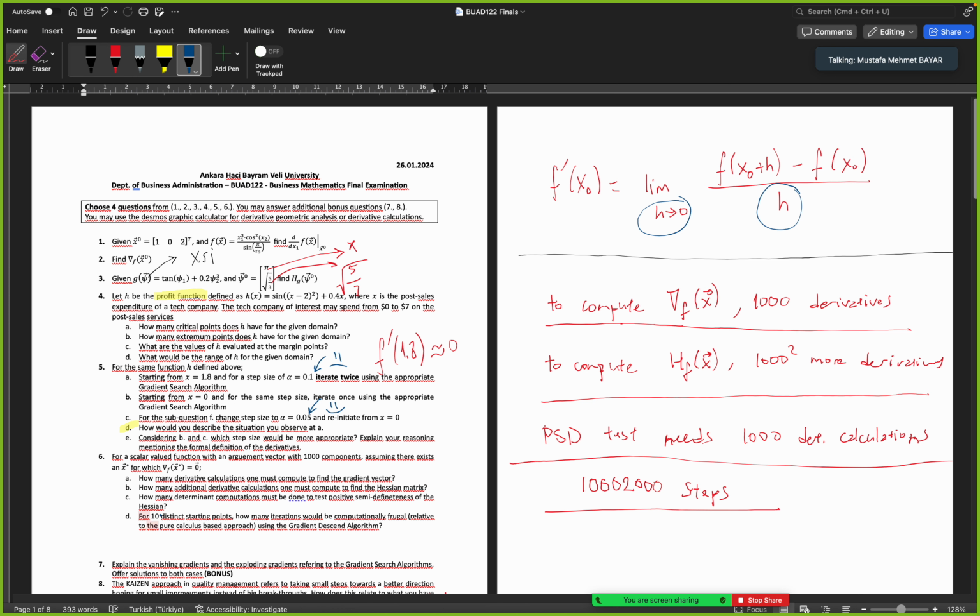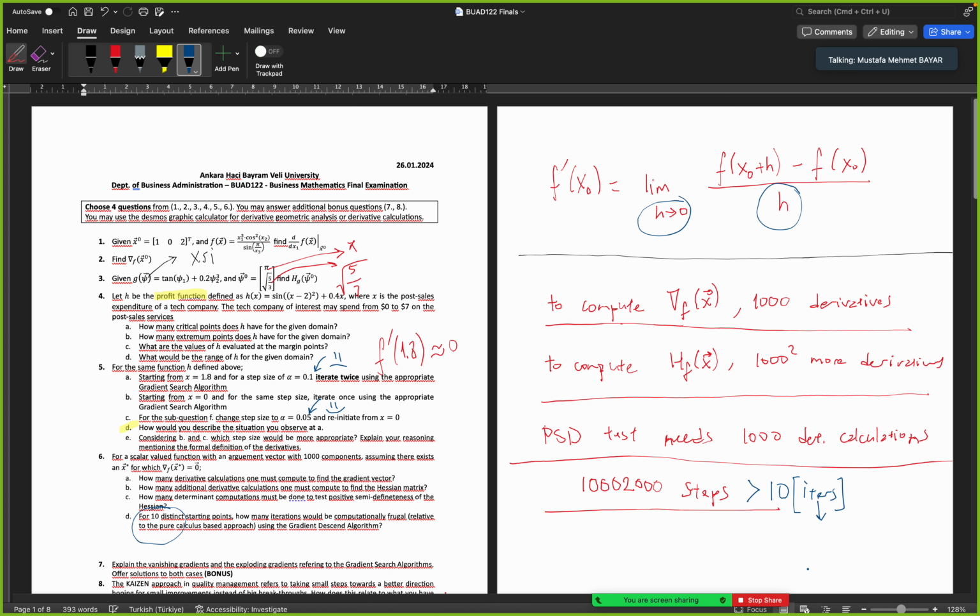And with 10 different starting points and using the gradient descent algorithm, how many iterations can I make? So this should be 10 starting points times the number of iterations.